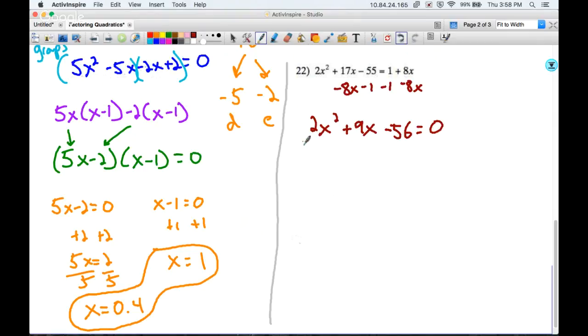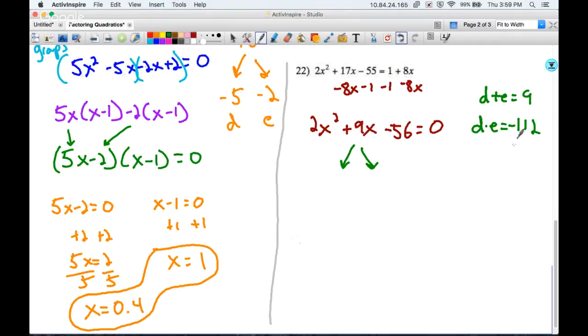I cannot divide away this 2 because 9 here is odd, so I don't want to be dealing with decimals. So I want to split 9 into 2 numbers. We'll call them D and E. So D plus E needs to equal 9. D times E needs to equal negative 112.